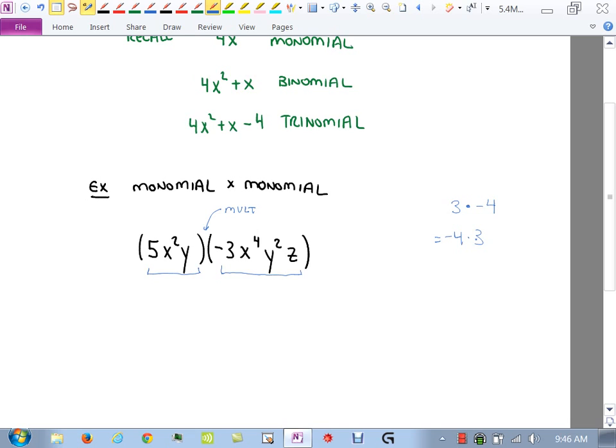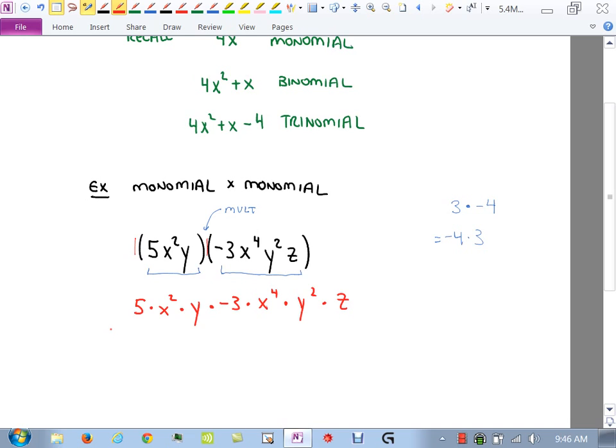It's the same thing. What's the number in front of the other one? 1 again, right? And so basically I'm going to drop the parentheses. They're just going to go away. But watch what I do. 5 times x squared times y times negative 3 times x to the fourth times y squared times z. All I'm doing is I'm just stressing to you that between each of these factors is multiplication, right? And now what I'm going to do is I'm going to use this property of commuting, and I'm going to move things around.